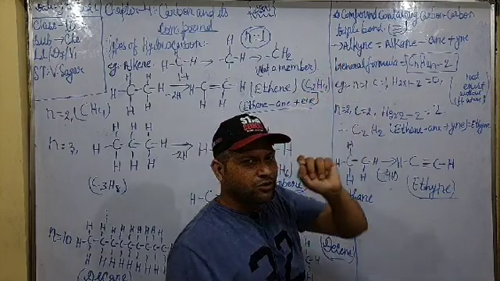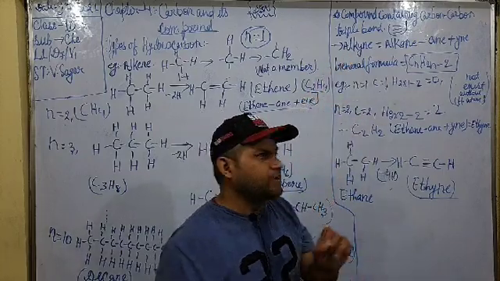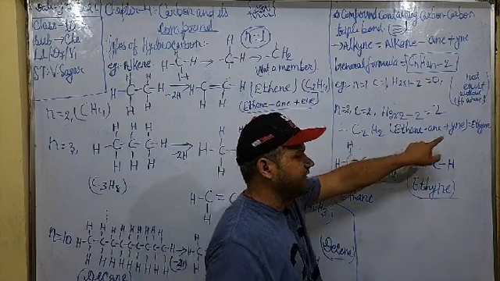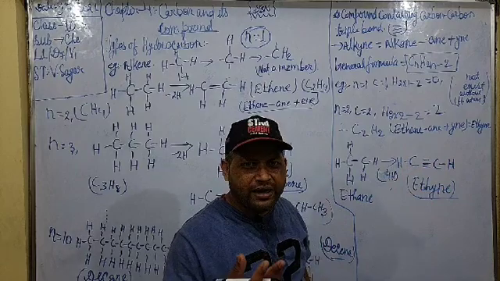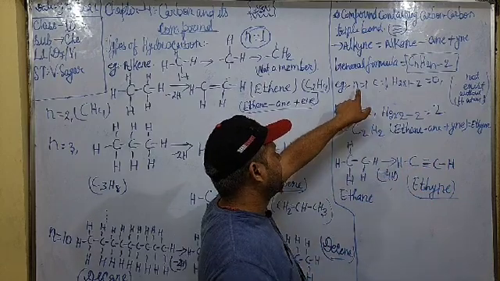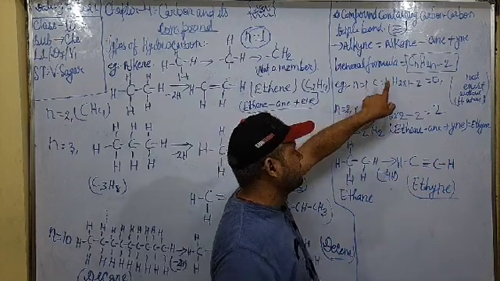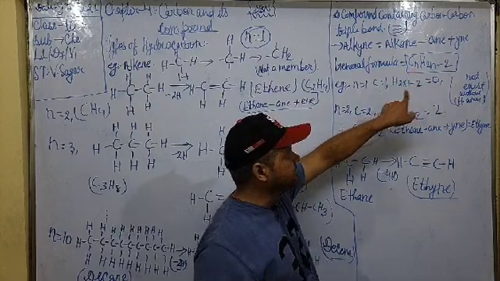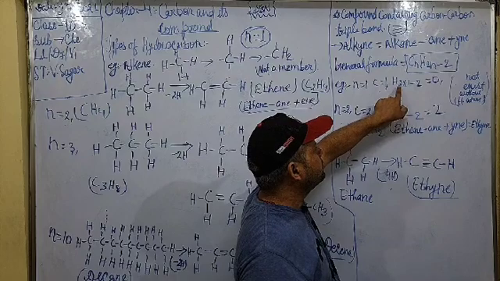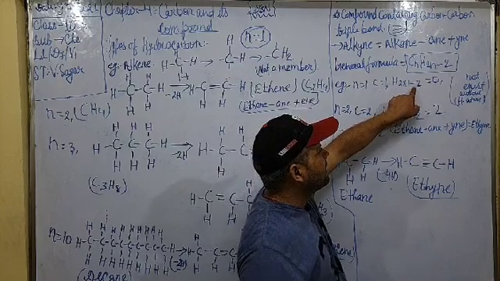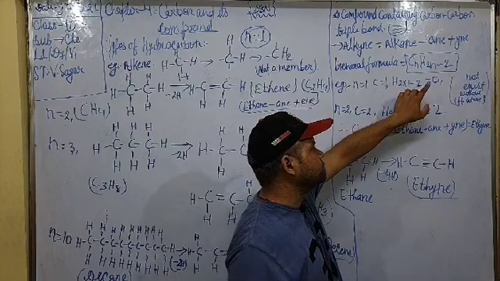So the first member of this group is ethyne. Why? Because when we take n equal to 1 and put it in this formula, we obtain C equal to 1, H equal to 2 into 1 minus 2, which is 0.